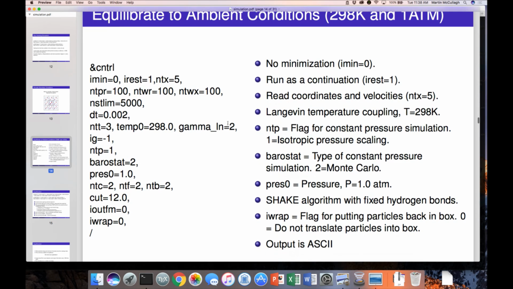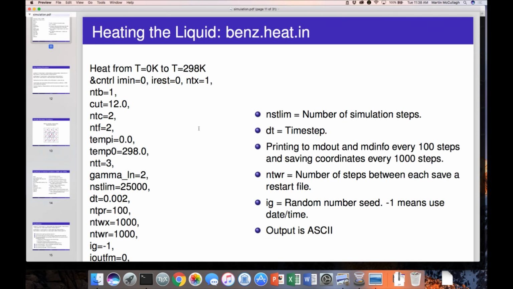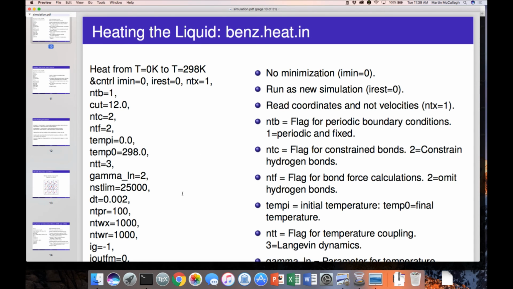Somewhere here, if you go through here, there's a flag telling you how often you're printing out restart files. So if you kill it, you can use the restart file to restart it, and so you're not starting from the beginning again.